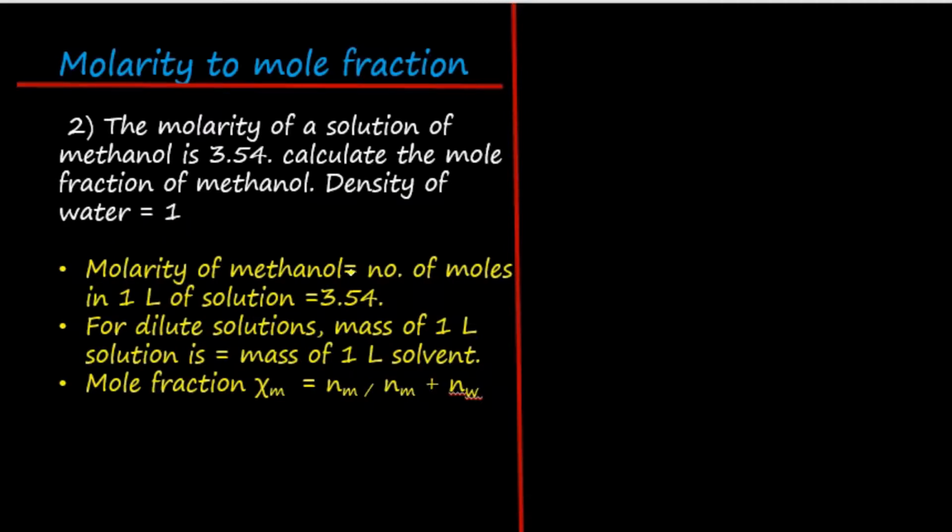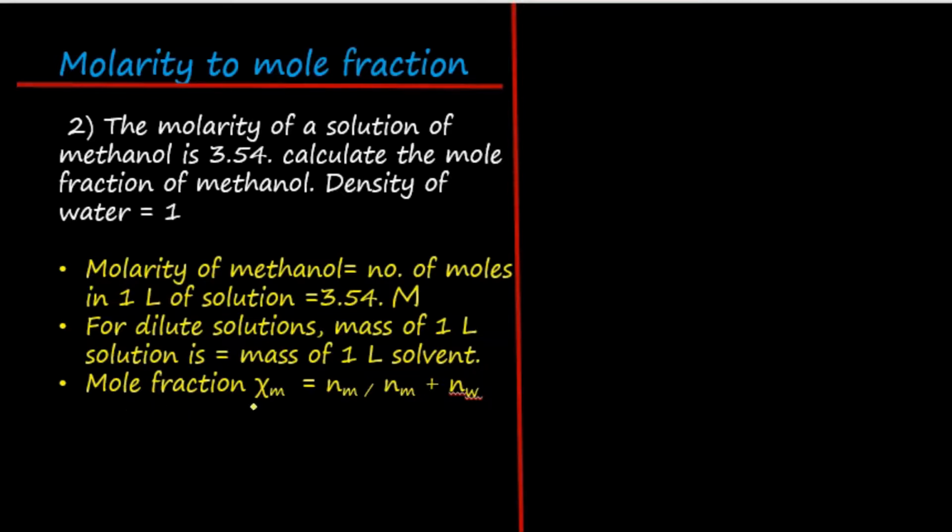So, molarity of methanol is number of moles in 1 liter of the solution, and it is given as 3.54 molar. For dilute solutions, we make the assumption that mass of 1 liter of solution is equal to mass of 1 liter of solvent, because the amount of solute is very less.